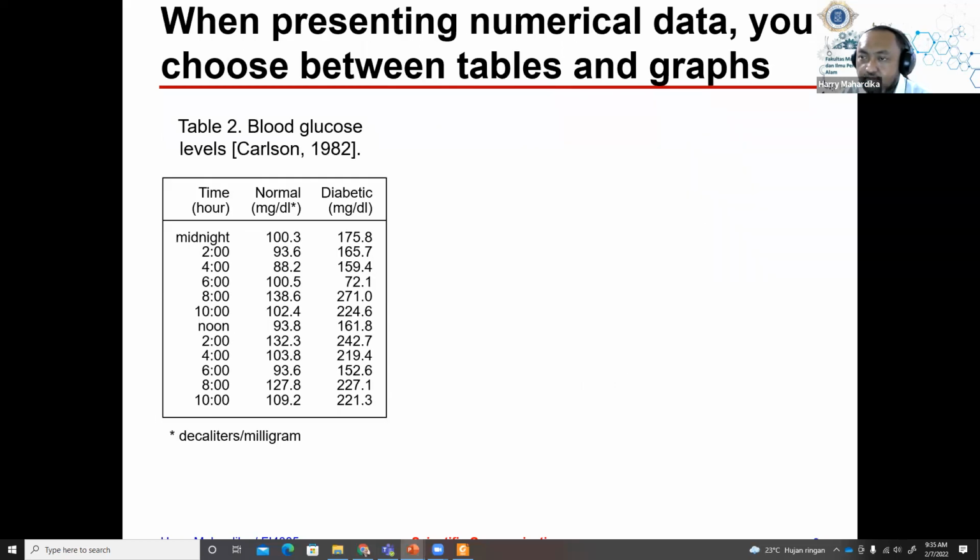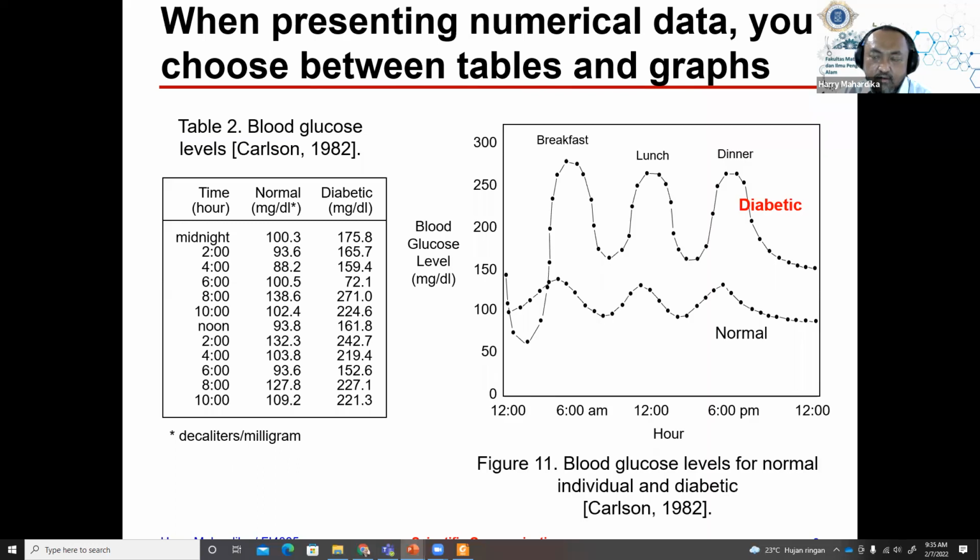And another example here is blood glucose level over time that is shown here, for a normal and a diabetic patient, which you can also present in a graph.